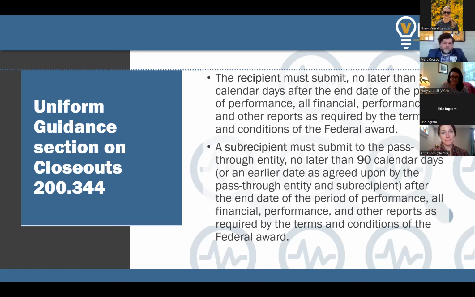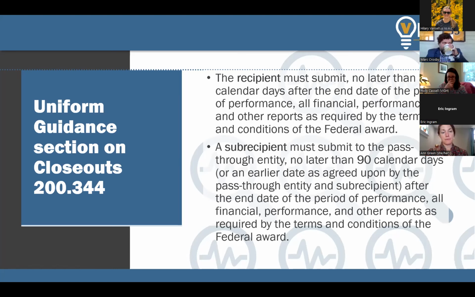So a recipient is where you're the prime recipient from a sponsor. You have 120 days to turn around that report. A subrecipient is where another organization has received those funds from a federal sponsor, and they've subcontracted out to your organization as a subrecipient.